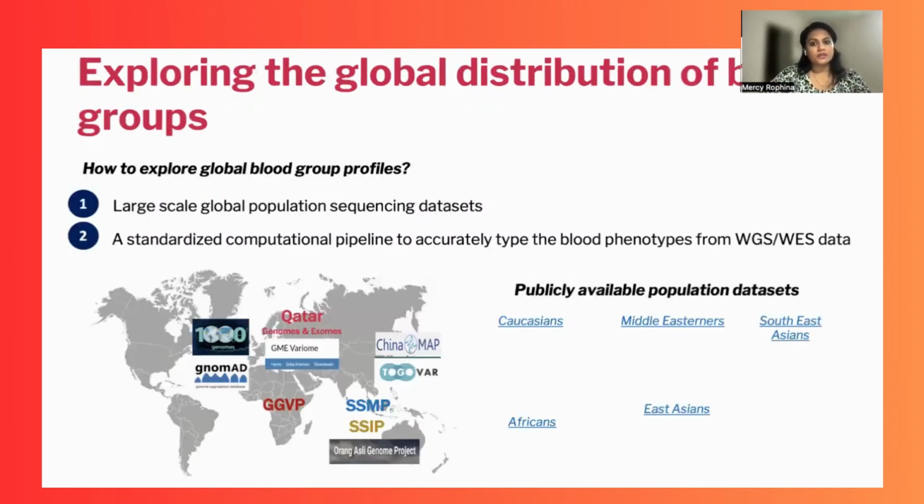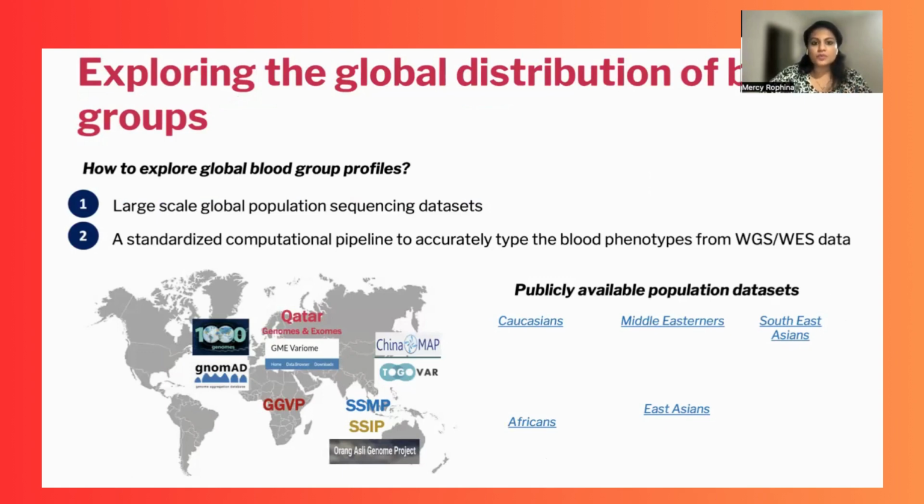Now, combining both the concepts together, we know that the advent of NGS has led to a large scale improvement in the amount of sequencing being done on a global scale, and this in turn has led to the availability of a large amount of public data.